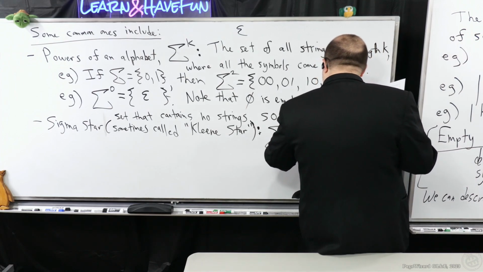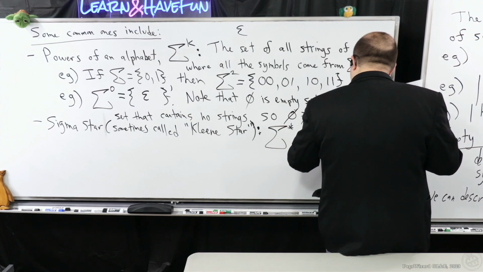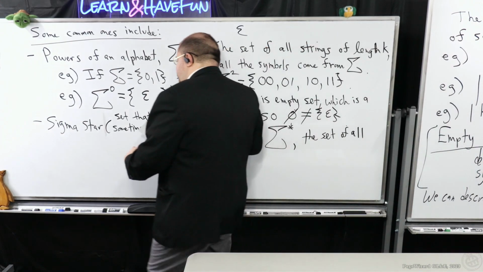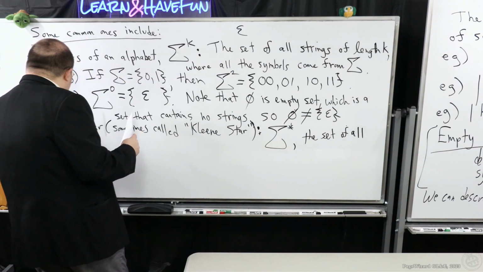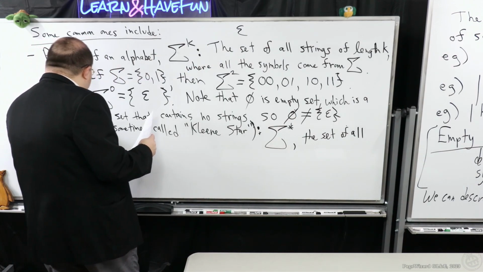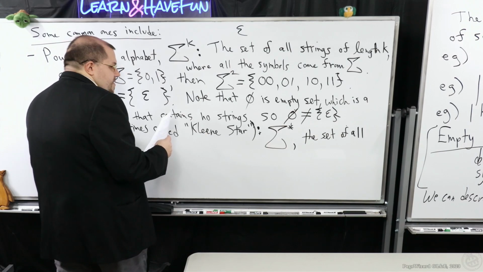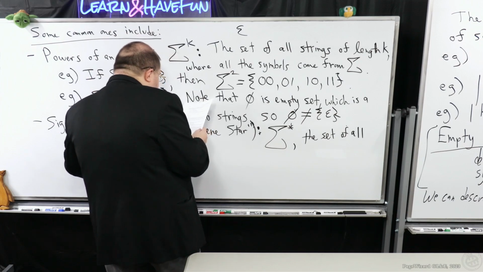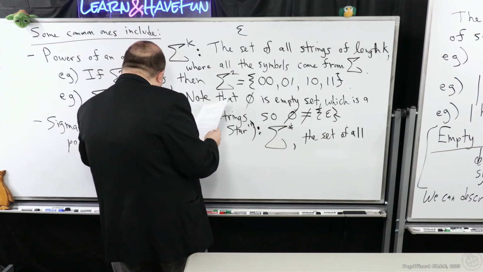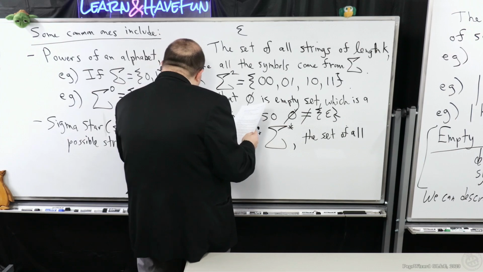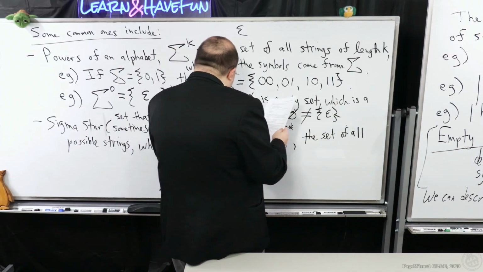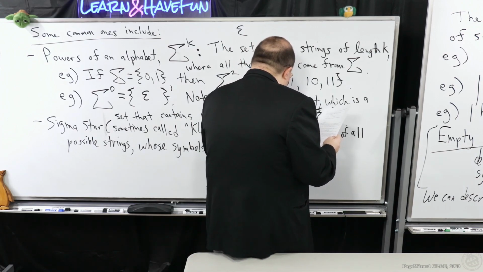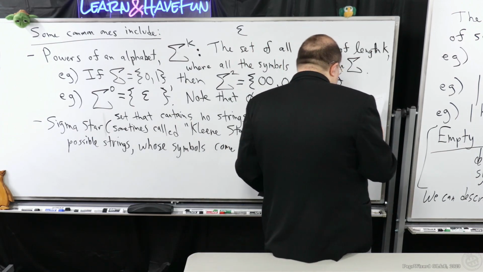So this is the set of all possible strings whose symbols come from sigma, the alphabet.